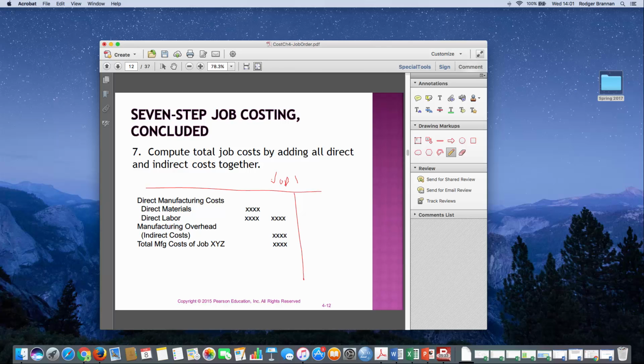The sum of these is sometimes referred to as my prime cost, the sum of direct materials and direct labor. Then, when the job is done, at that point, I add my manufacturing overhead by counting up either the number of direct labor hours, labor dollars, or machine hours, whatever that activity is, and add the overhead to it. And then this is the total cost of my job.